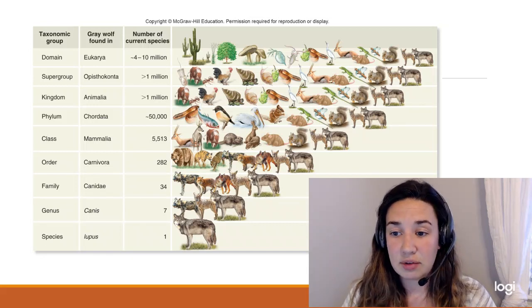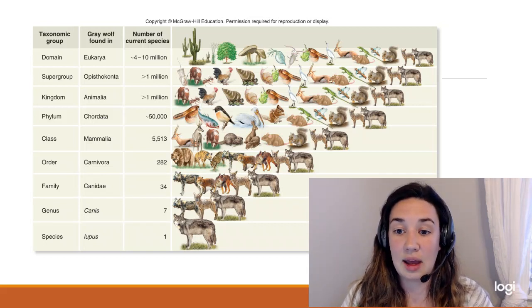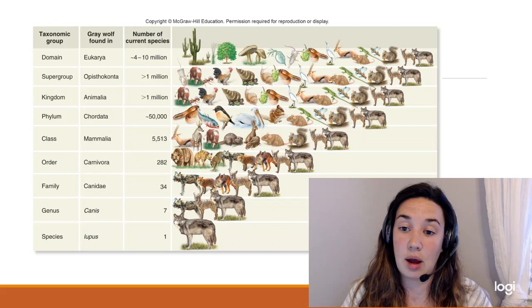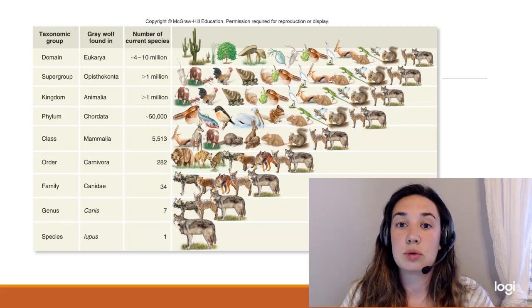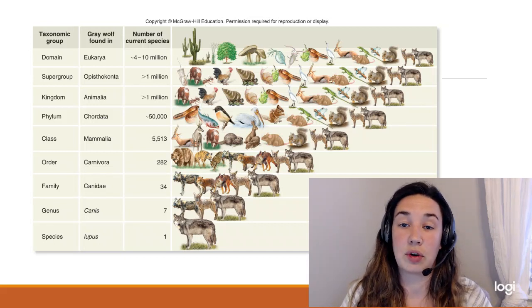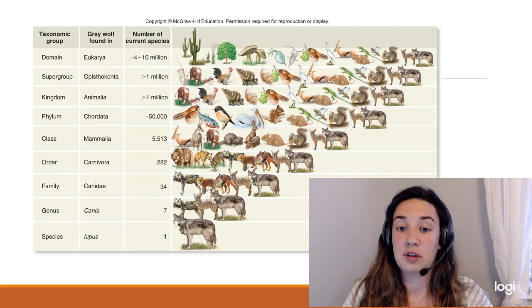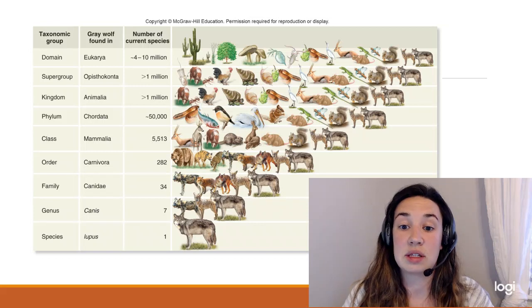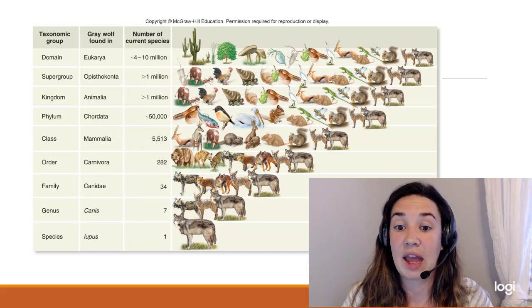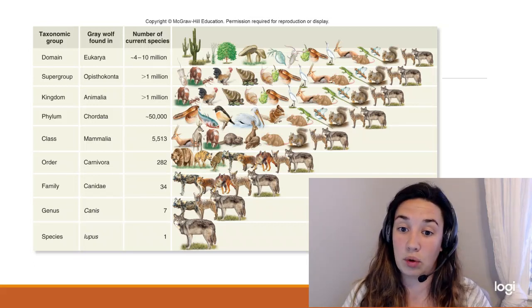And then going down even further and smaller into classifying it, we have our family, which is Canidae, which are the dog species or wolf species. So any sort of canine is in our family. The gray wolf belongs in our canine family. Then as we go down further, we have our genus, Canis, which is even more distinct in the type of canine that we have. And lastly, we have our species, which is lupus, which is our gray wolf species.